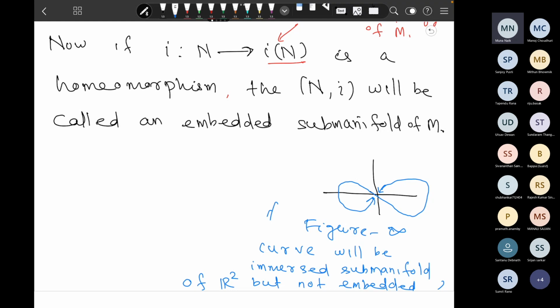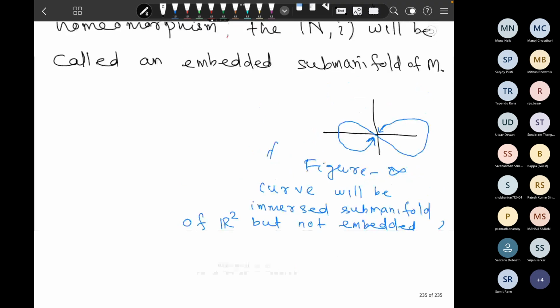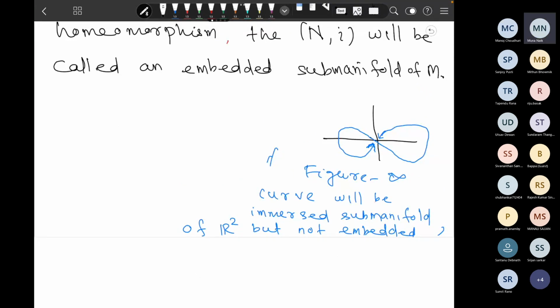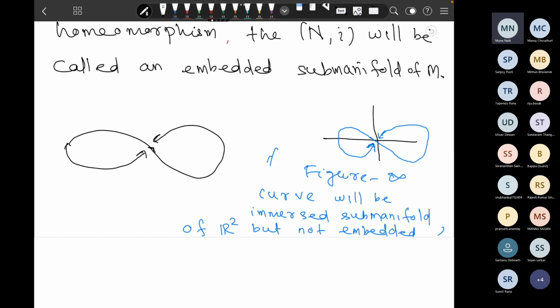Here the figure 8 curve is a subset of R2, but it is not embedded. The curve is not intersecting itself: the arrow is there, so it will almost close the figure 8 curve, but it will not touch. That's all.